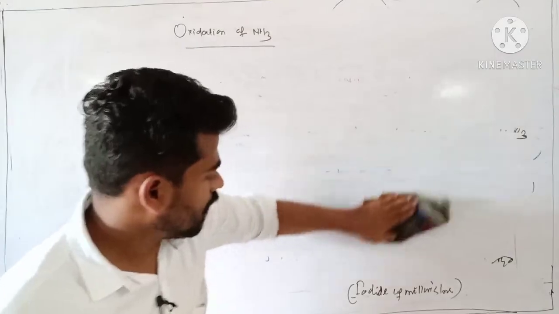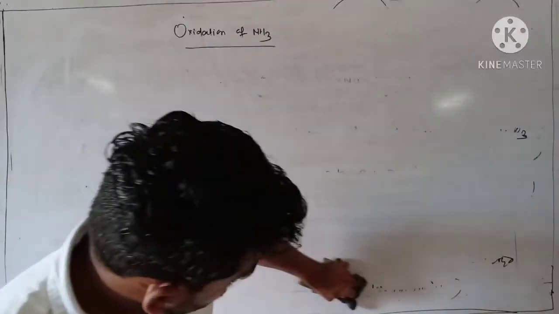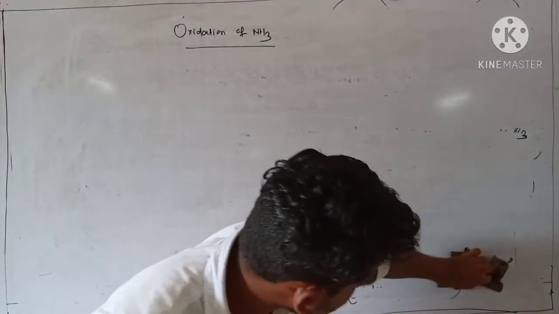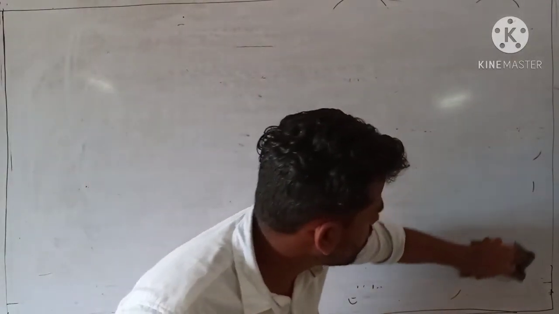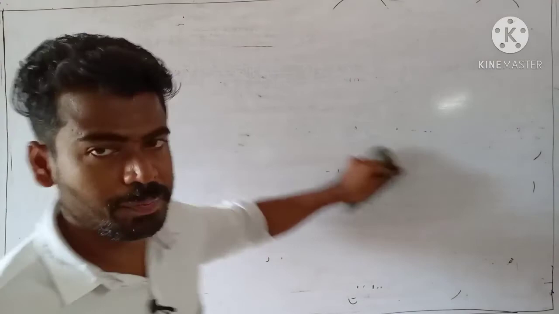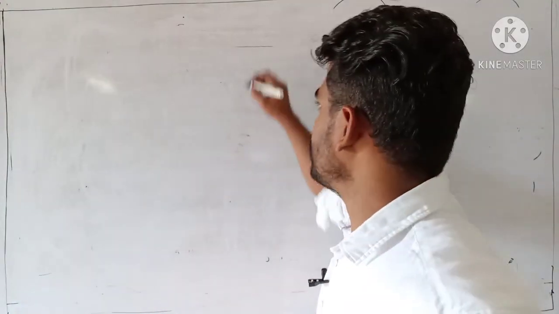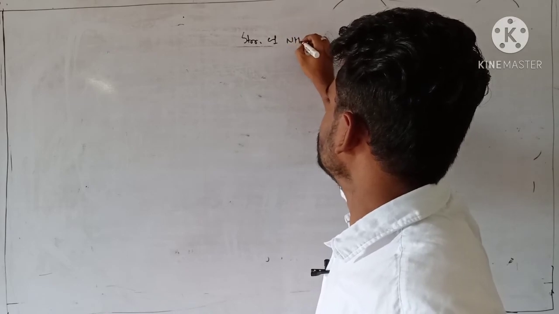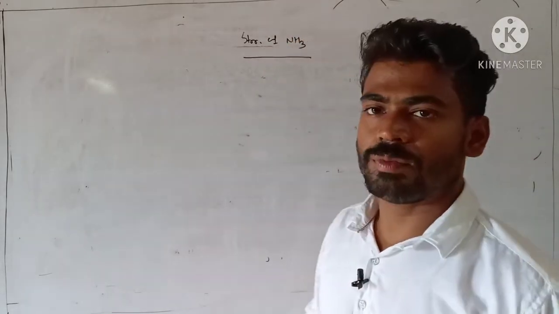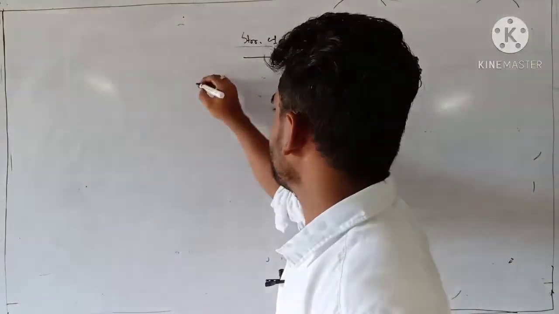Now the final one: I forgot to discuss the structure of ammonia, though I think I told it in my previous class. NH3, structure of NH3. The hybridization of nitrogen is sp3.